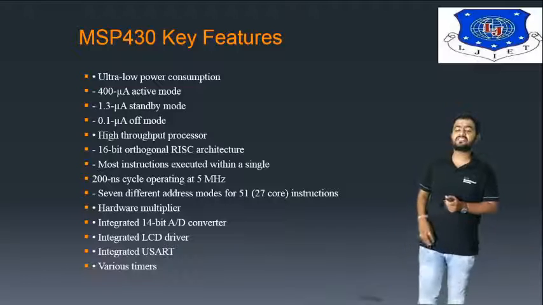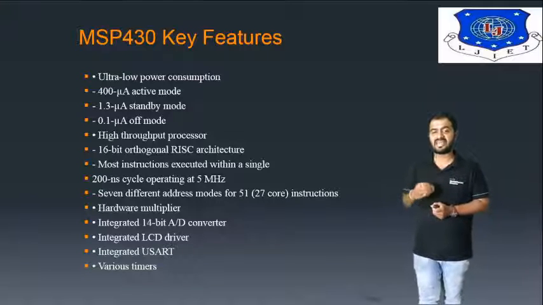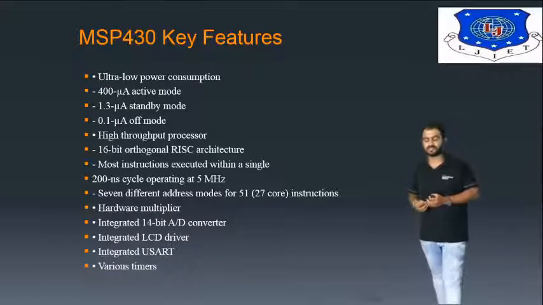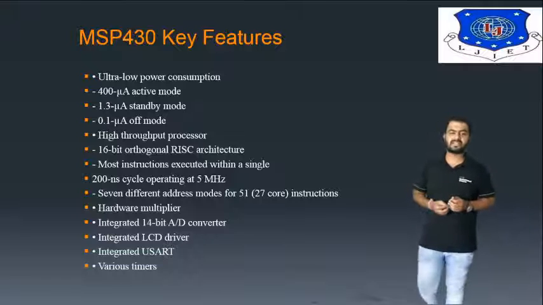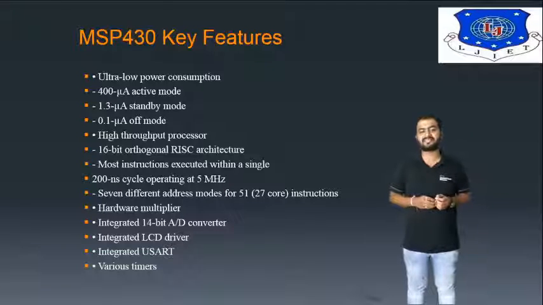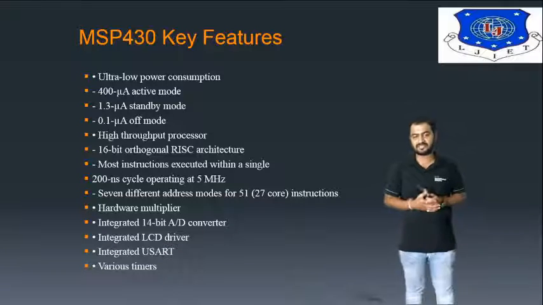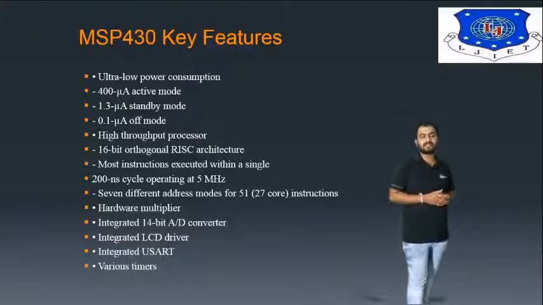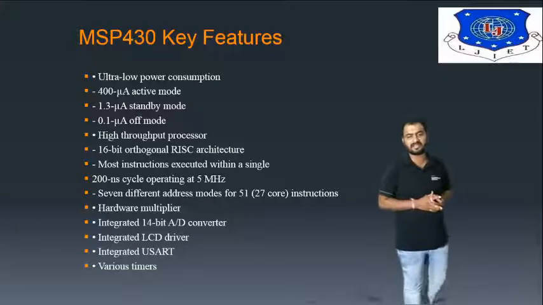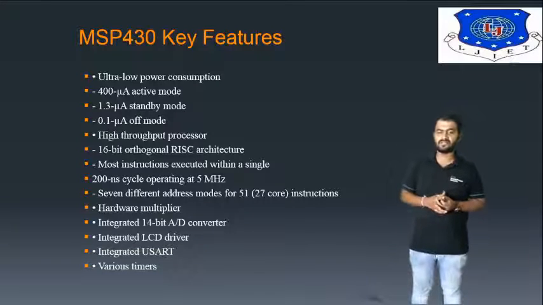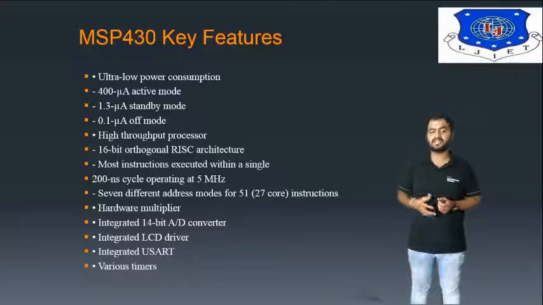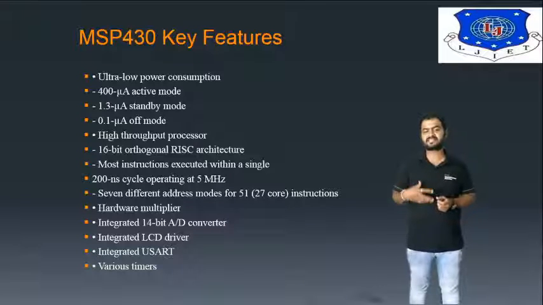Now MSP430 has some key features or key advantages. It has ultra low power consumption: 400 microampere in active mode, 1.3 microampere in standby mode, and 0.1 microampere in off mode. It has high throughput performance: a 16-bit RISC instruction set, 200 nanosecond cycle operation at 5 MHz, 7 different addressing modes of instructions, hardware multipliers, 14-bit A to D or D to A converters, integrated LCD drivers, UARTs and various timers.